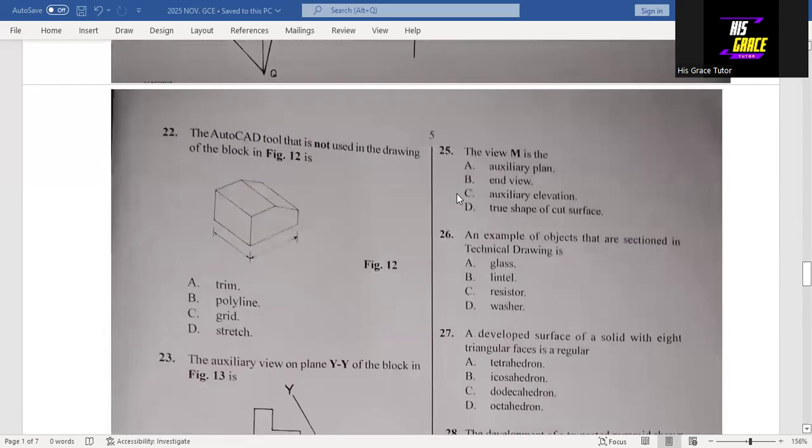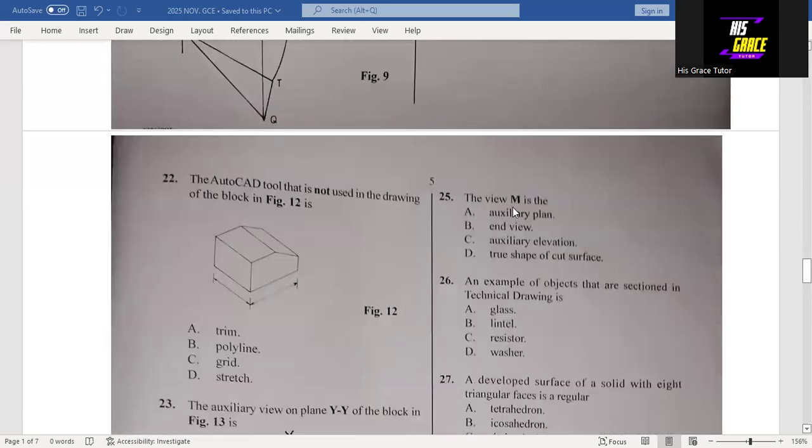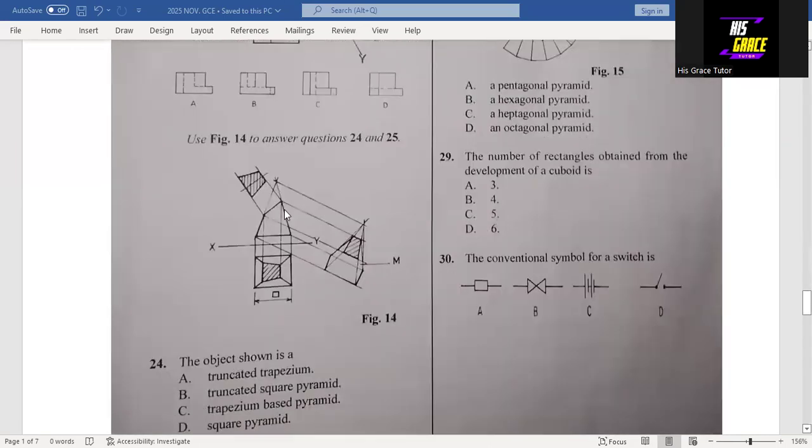Then question 25 now says that the view M is the auxiliary plan. Whenever we have to draw an auxiliary plan, we project from the given elevation. As we have here for this one, it is projected from the given elevation. So this is an auxiliary plan.